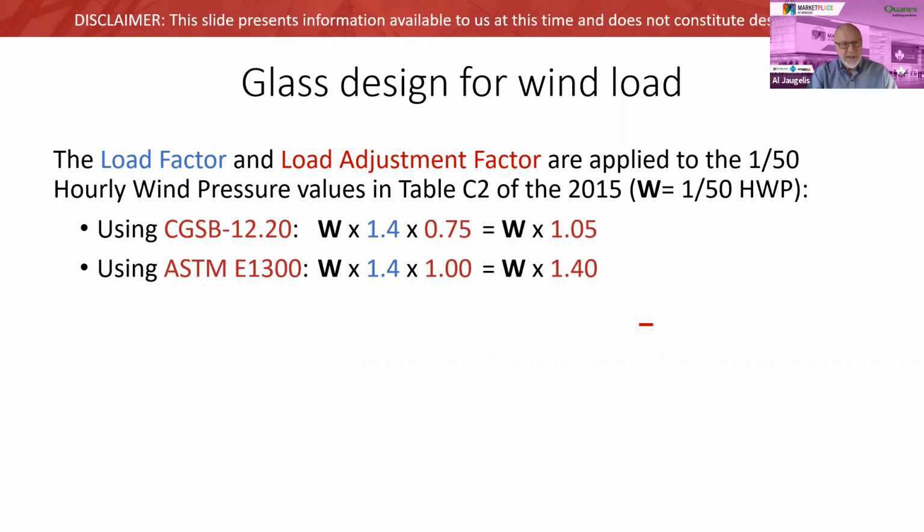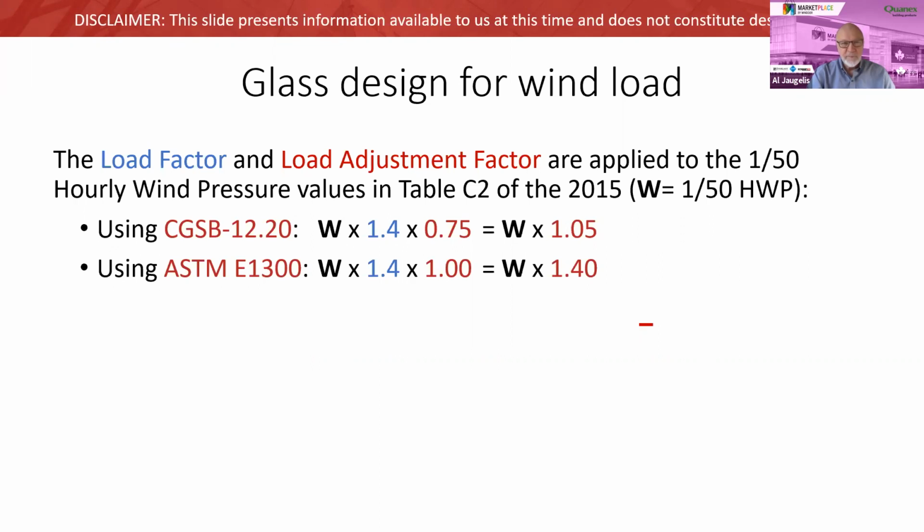So in other words, step 1 is your 1 in 50 hourly wind pressure. Step 2 is your load factor. Step 3 is your adjustment factor, right? Correct. And now you have a value that you can use with CGSB 12.20 or ASTM E1300. Or, as we will talk about later, with the Canadian supplement values. Sorry for the interruption. No, it's okay.